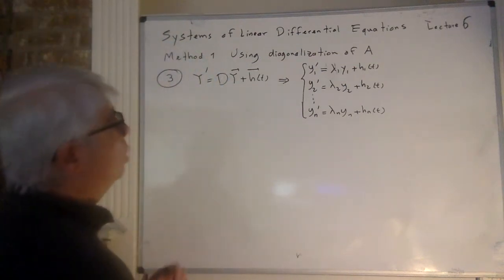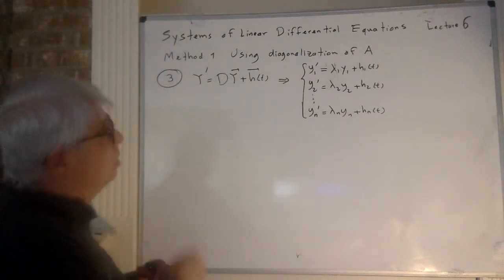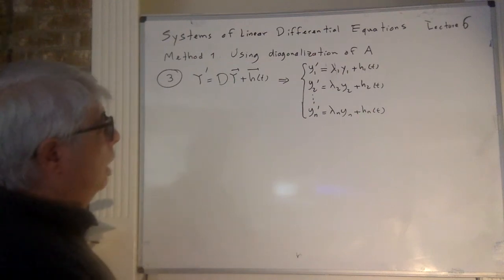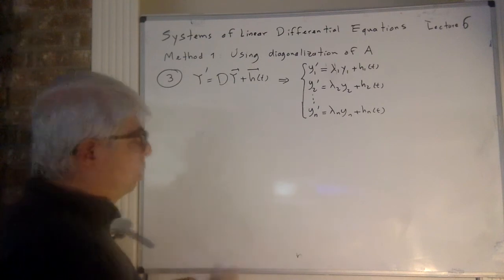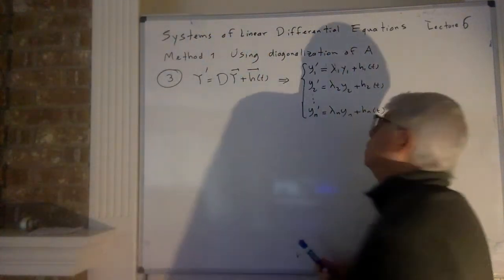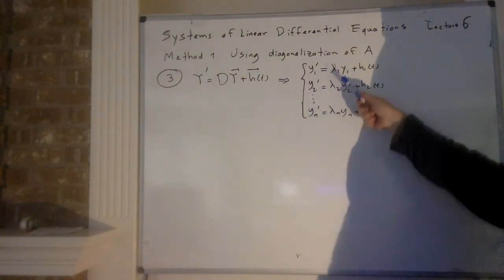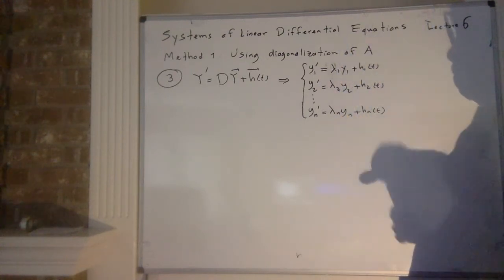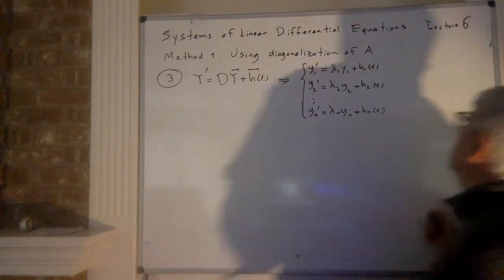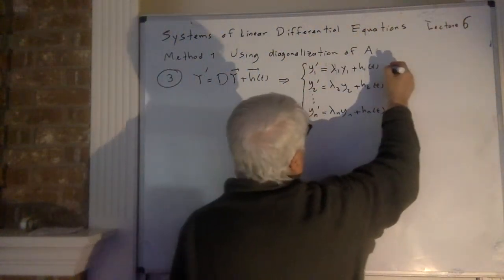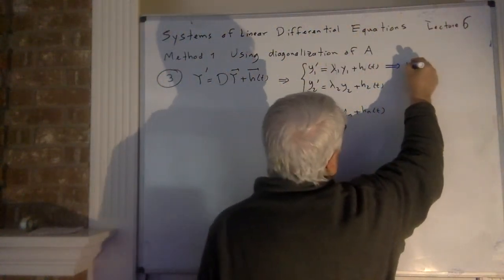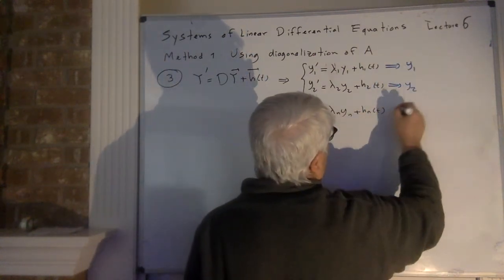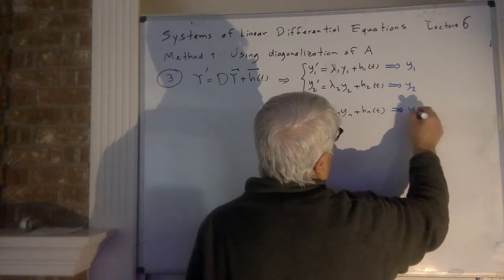Okay, so each one of them is just a first order differential equation, and they are not connected in any sense. They are not intertwined, so you don't see any y2, any y1 here. Each one of them is separate, on their own. This one will give me y1, this one will give me y2, and this one will give me yn.